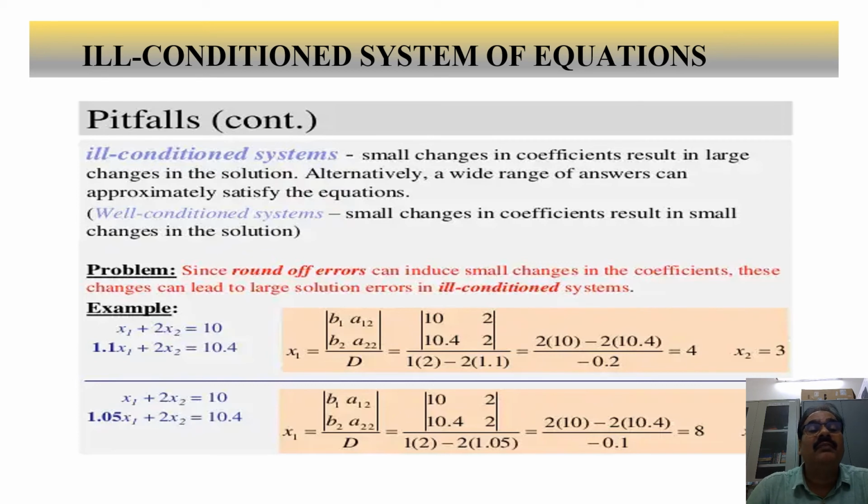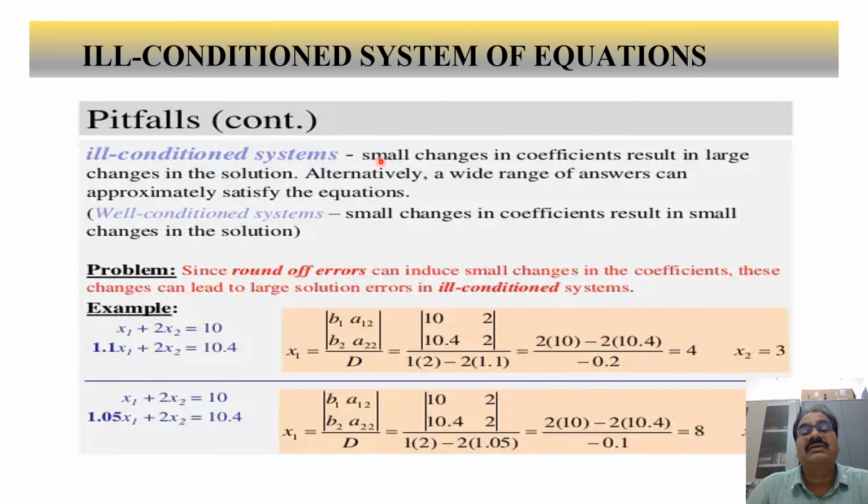So for any linear system of equations, there are two things: one is an ill-conditioned system, another is a well-conditioned system. Small changes in coefficients resulting in small changes in the solution is called a well-conditioned system, and we have already gone through various examples.